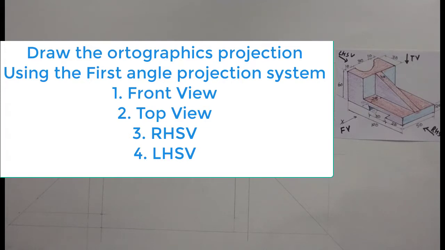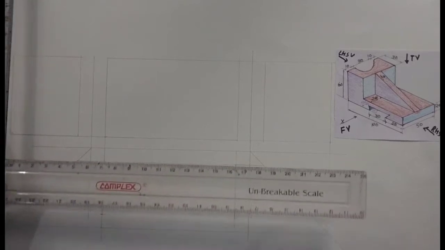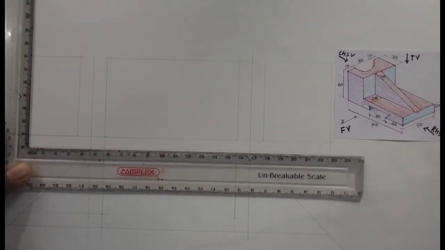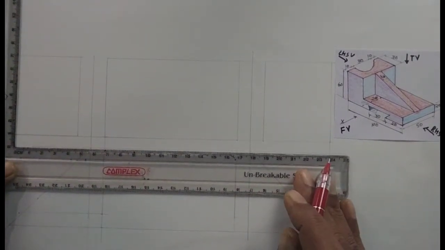So in our first angle projection system, the front view is always above the XY line. So here we draw our XY line.